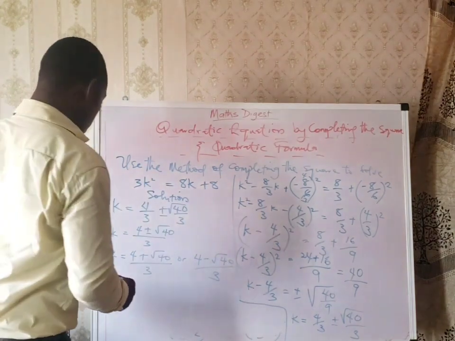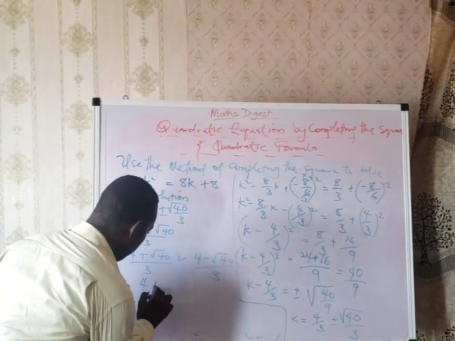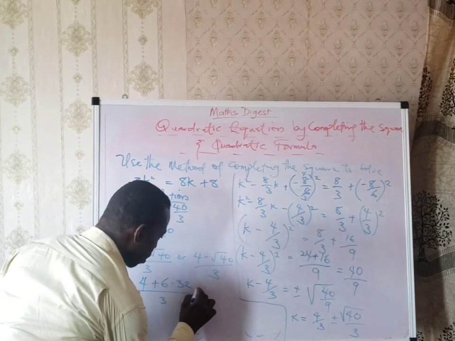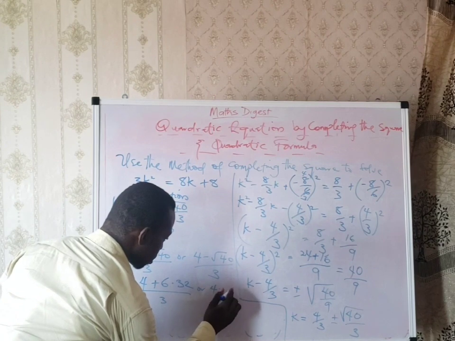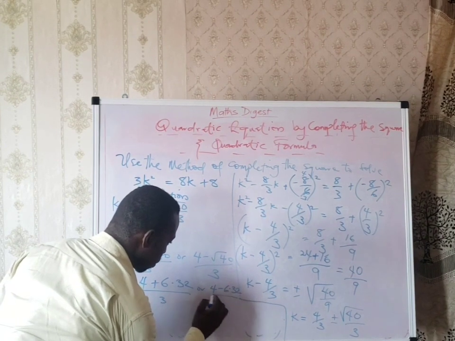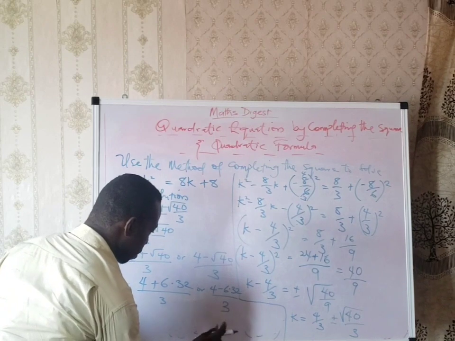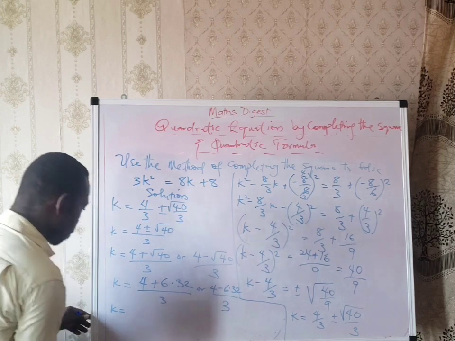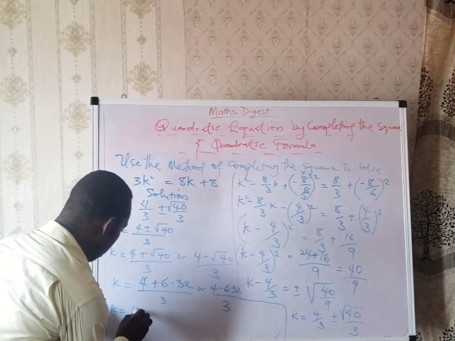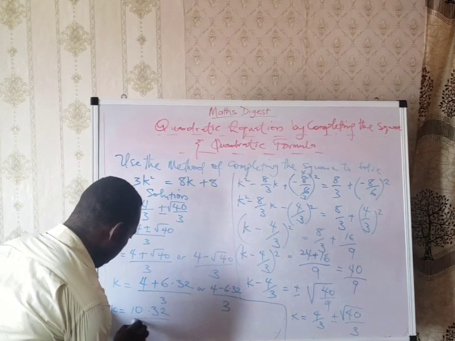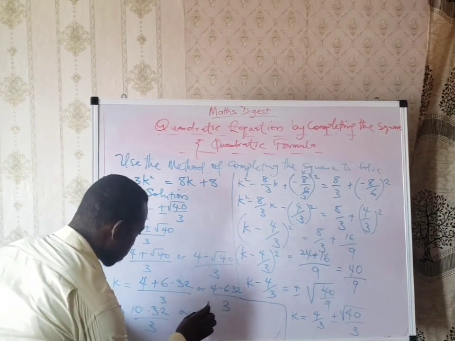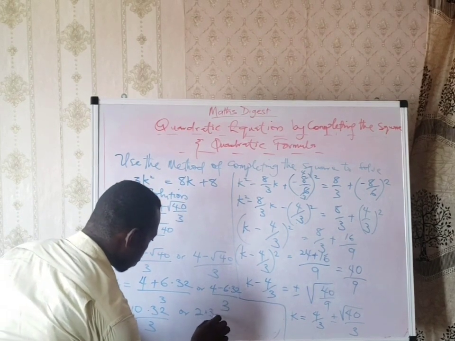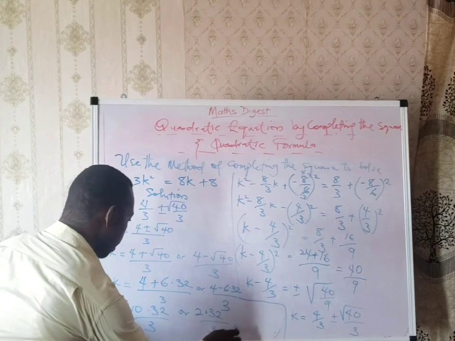All right, so it's 4 plus 6.32 over 3 or 4 minus 6.32 over 3. Now k is equal to, this plus this will give you 10.32 over 3, or this minus this will give you 2.32 over 3. So this is the final answer.